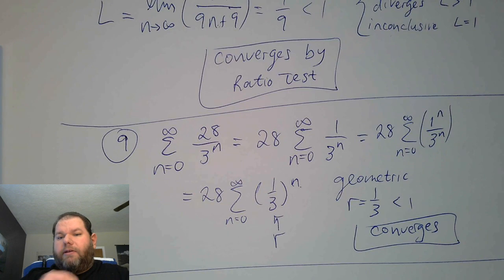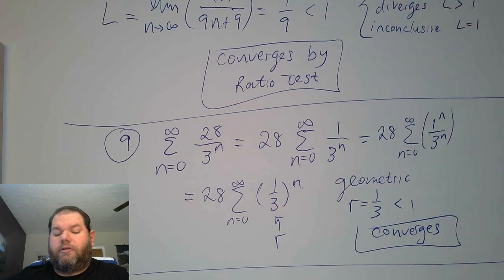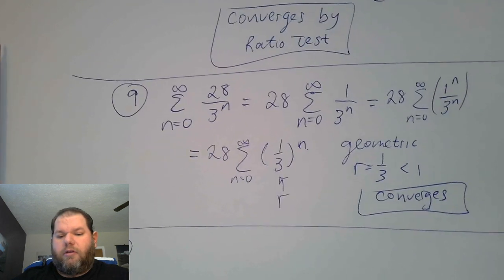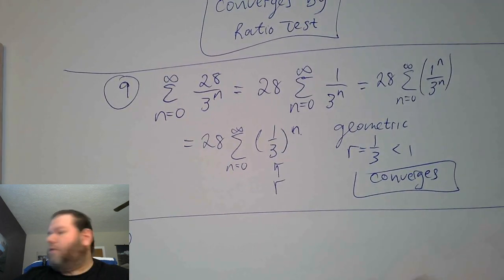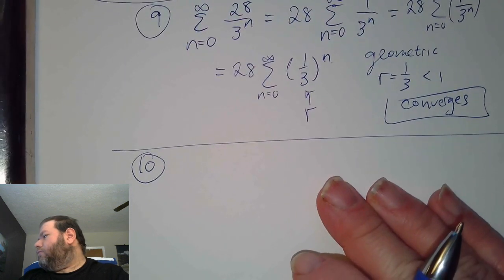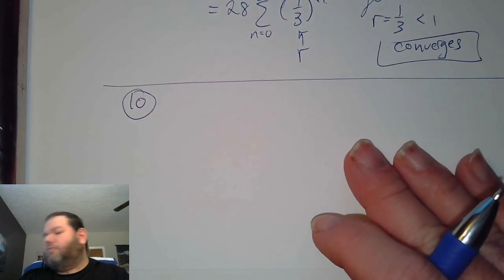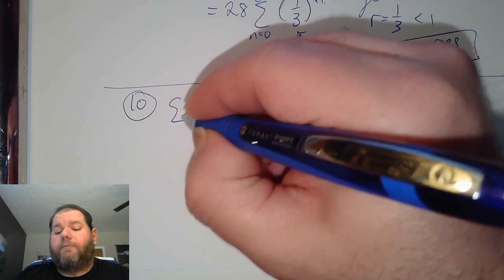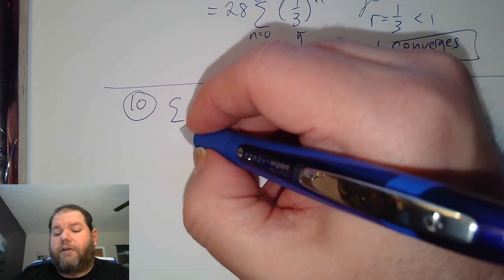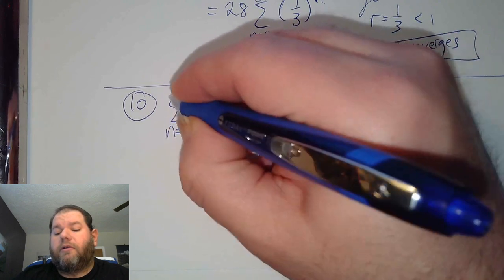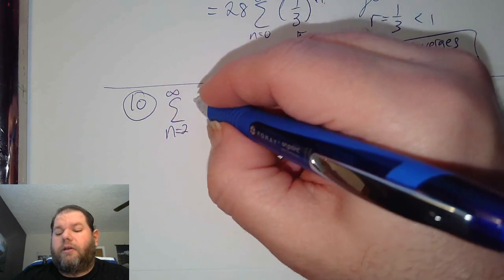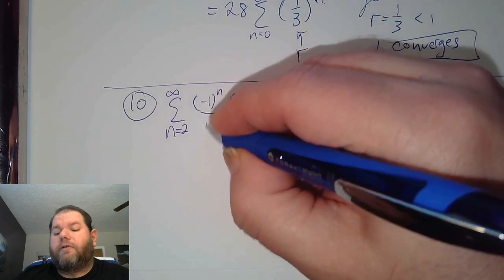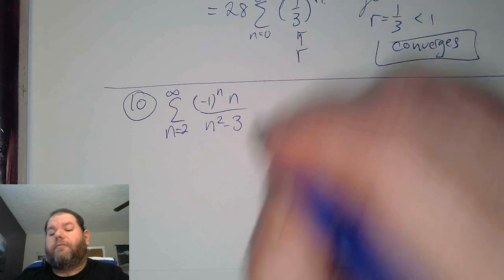Now problem 10 is also an alternating series, as a second one that we've seen now. -1 to the n times n over n squared minus 3.